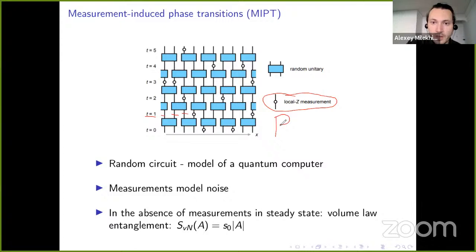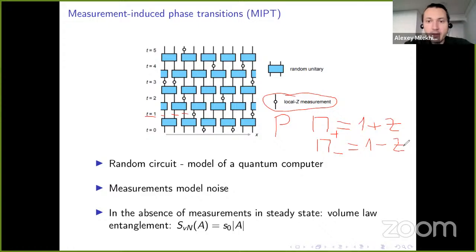For measurement in the z basis, I can introduce projection operators, which are (1 plus sigma z), so this is P plus, and (1 minus sigma z), P minus. And then measurement means that I collapse my wave function.